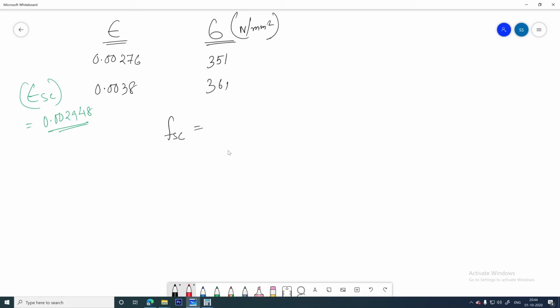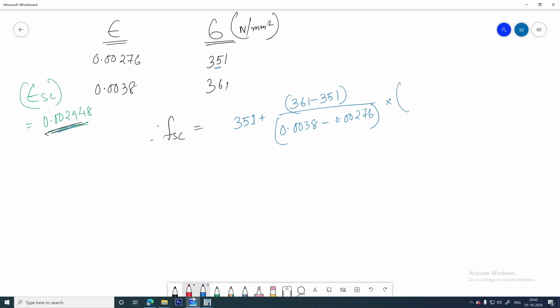So FSC, that means the stress for this corresponding strain, will be 351 plus, that is the initial stress, plus the extra stress due to the strain, that can be denoted by 361 minus 351, that is the difference in the stress, divided by the difference in the strain, 0.0038 minus 0.00276, multiplied with the extra strain.